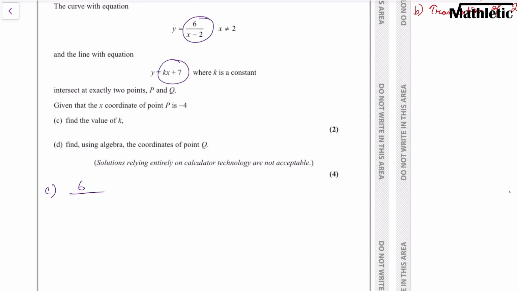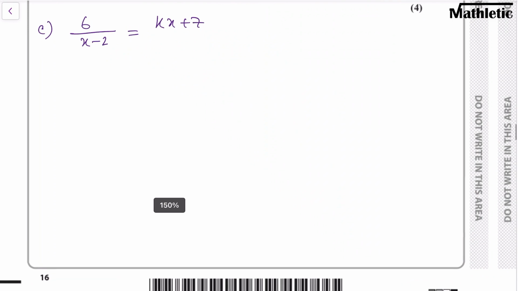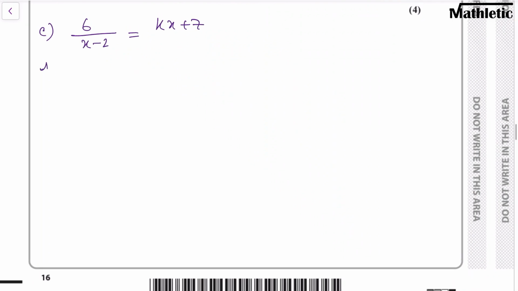So 6 by x minus 2 equals kx plus 7, and since x coordinate of P is given as minus 4, I will just substitute x equals to minus 4. So you get 6 by minus 4 minus 2, equals k into minus 4 plus 7. So at the left side you get minus 1.